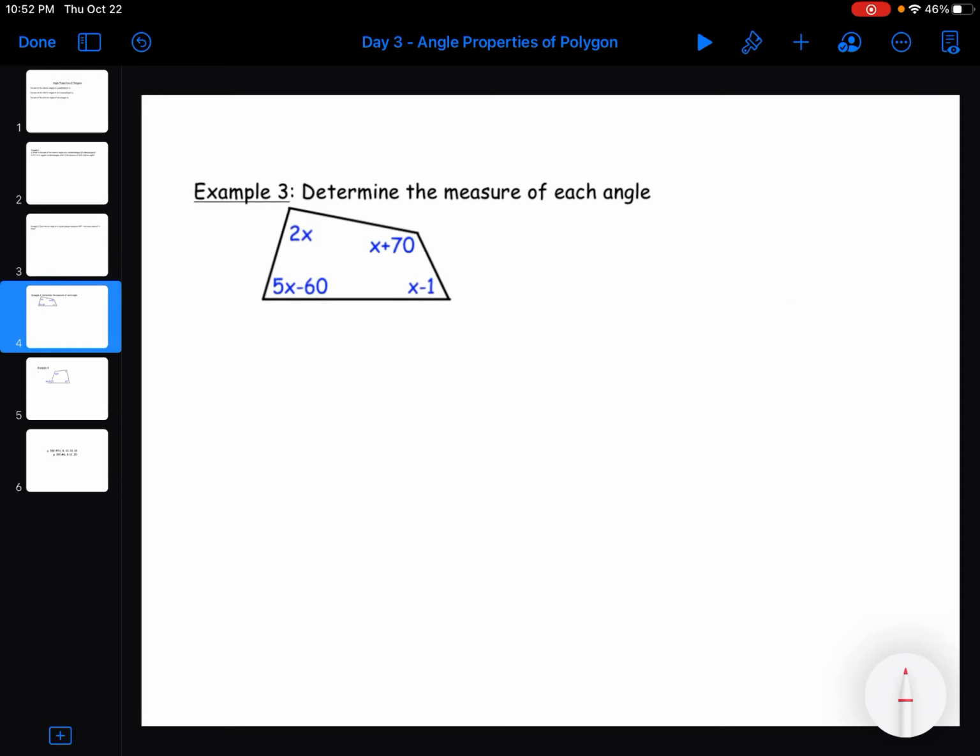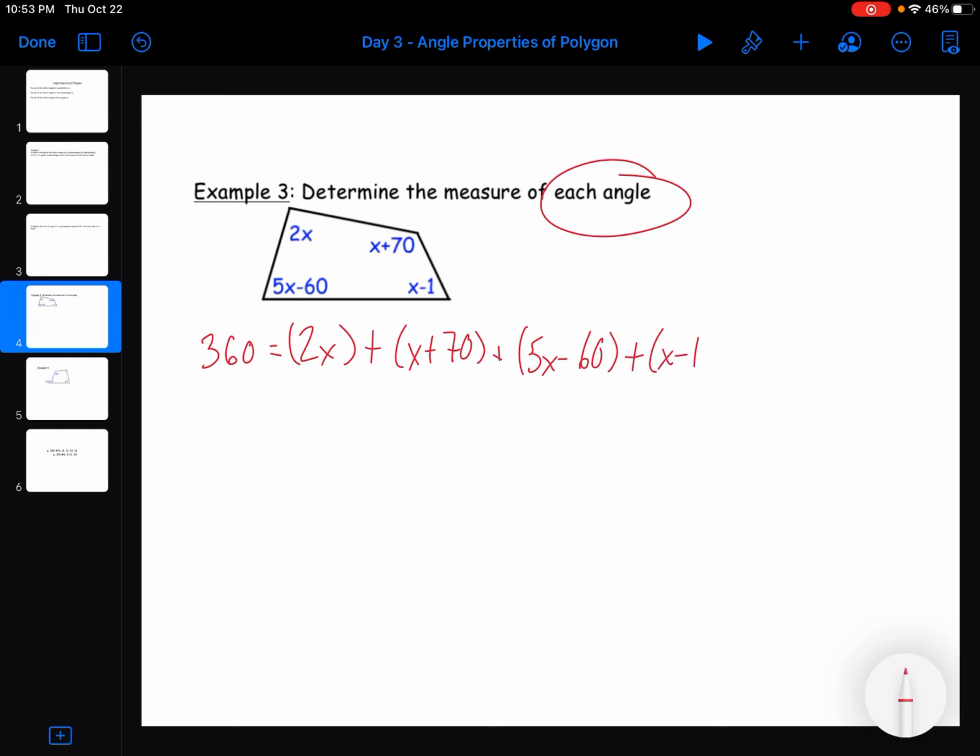All right, determine each angle. So that's important. This one says each angle. It's not asking us to just find x. We know that a quadrilateral adds up to 360 degrees. So we could say 360 equals 2x plus x plus 70 plus 5x minus 60 plus x minus 1.